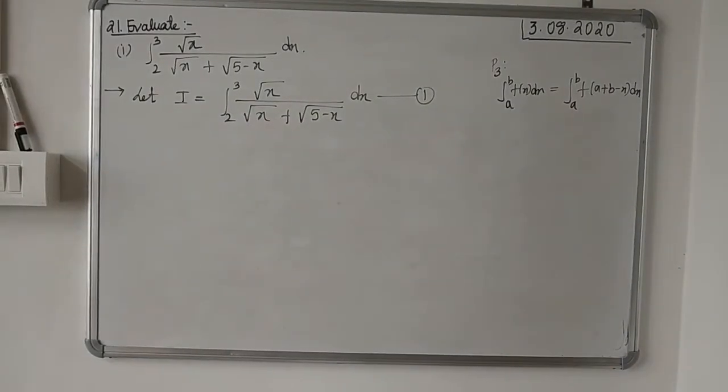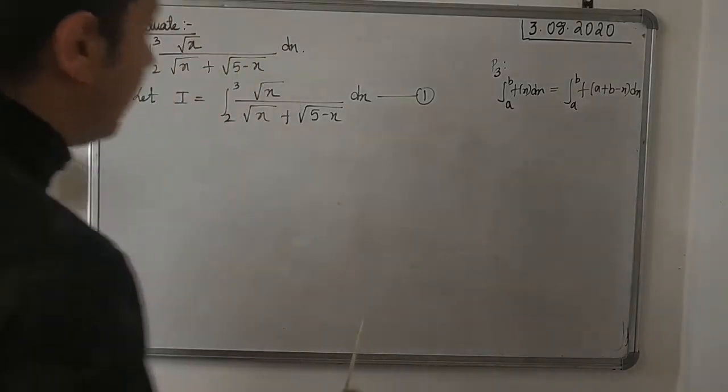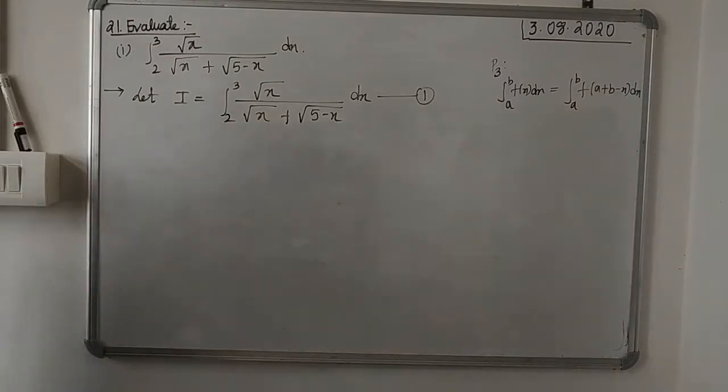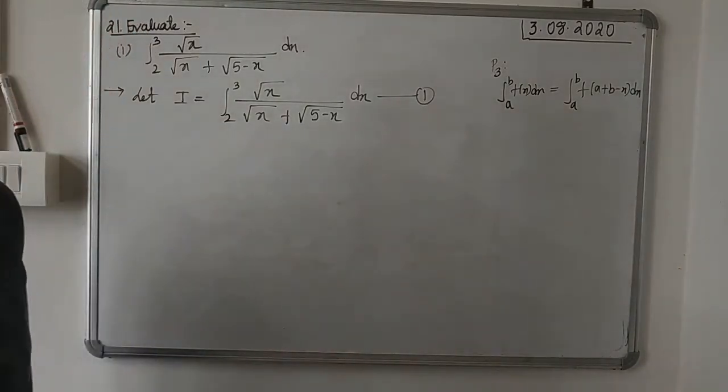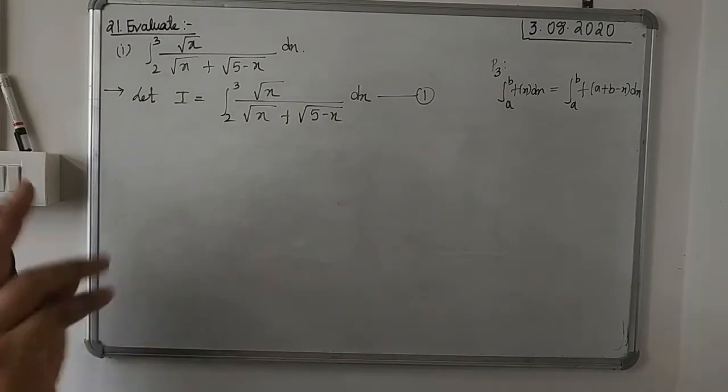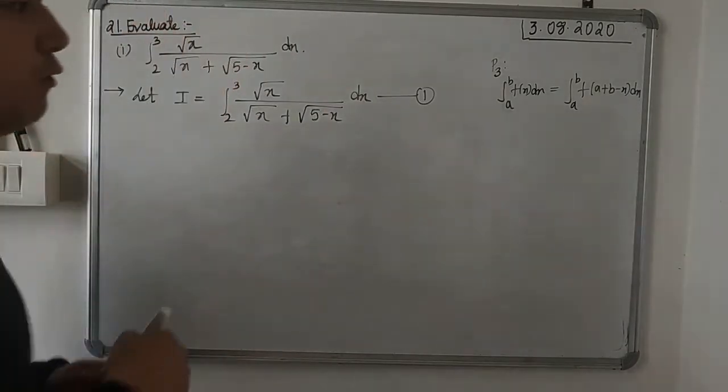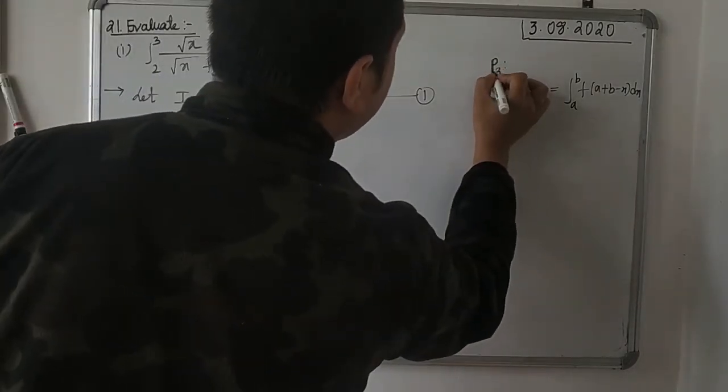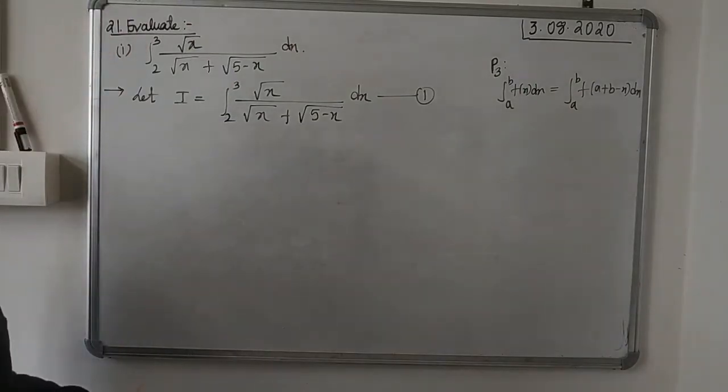Let us proceed. Now I'm starting with question number 21. In question number 21 there are 4 sums, and all these 4 sums we have to do by using property number 3. So once again quickly let's go back to property 3. The previous one was property 4 and this one is property number 3. What is property number 3?